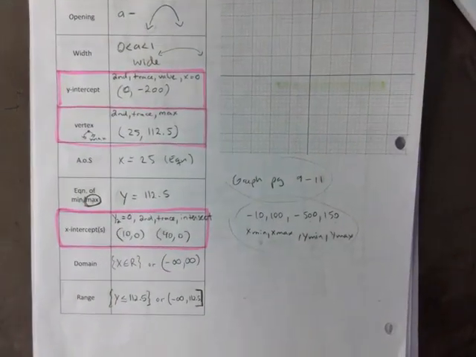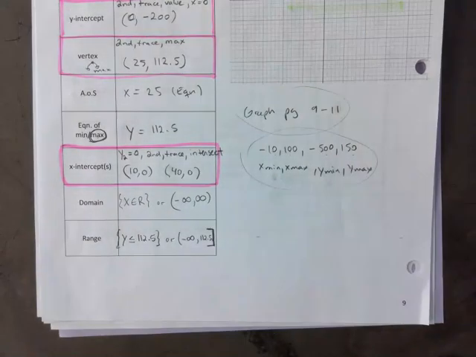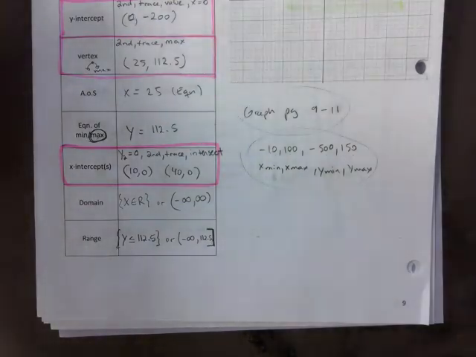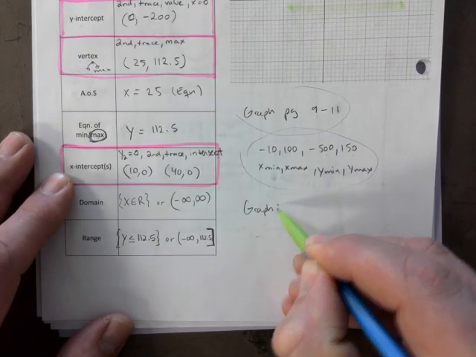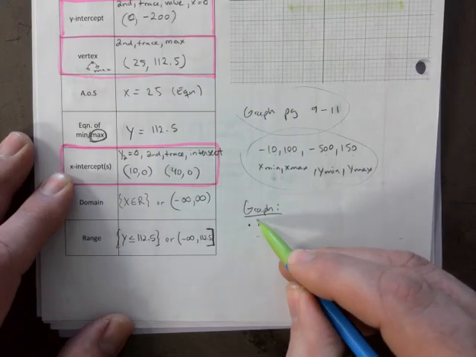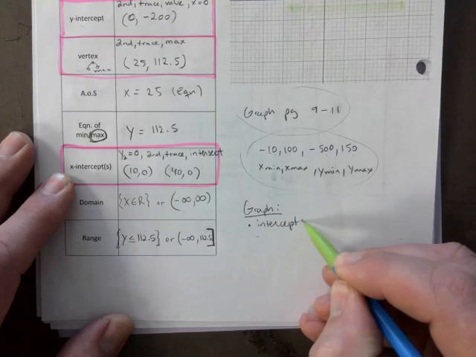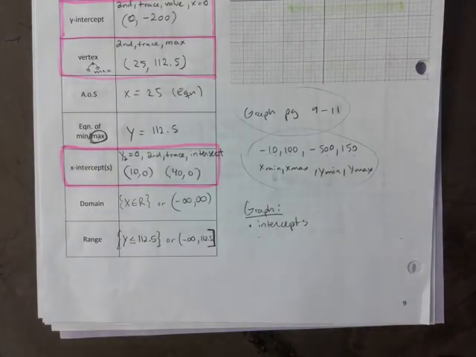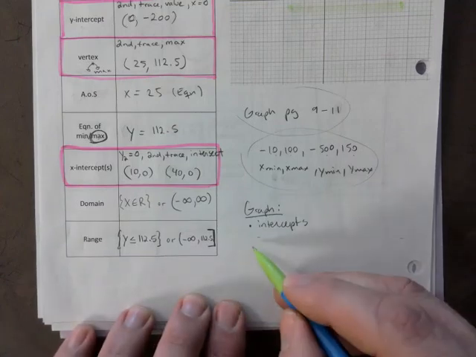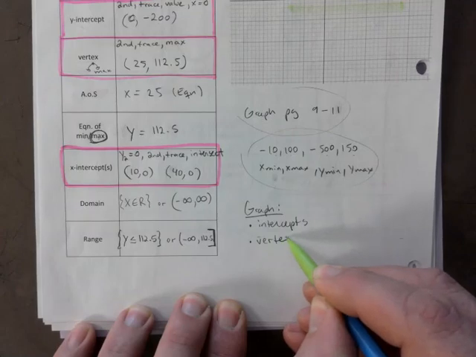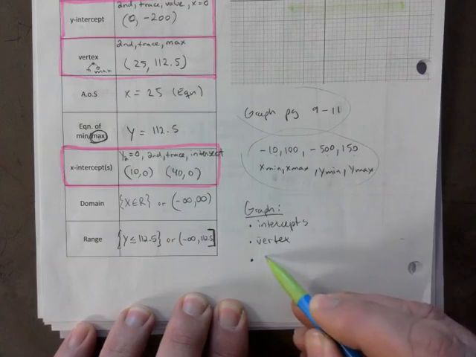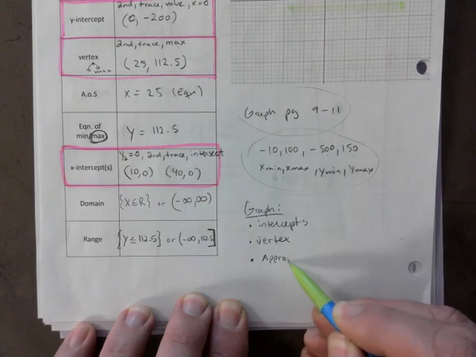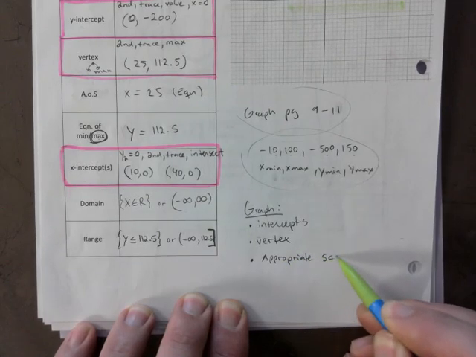And maybe you need to have this on your study sheet, but a good graph, right? This is even for grade 12. A good graph should have the following, okay? For a graph, you should include all intercepts, if there are any, because there aren't always x-intercepts, right? Sometimes we don't have any, but most of the time there are. You want to make sure you include the vertex. You want to make sure you have an appropriate scale, and I'll show you how to do that.